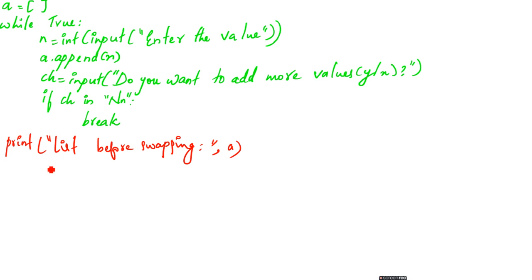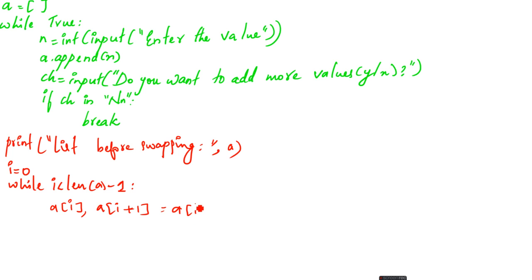Now after that we can swap the elements of the list. We can write I equal to 0, while I less than length of A minus 1. Then we have to write the statement to swap: A of I, comma, A of I plus 1 equal to A of I plus 1, comma, A of I. Now here we have to increment the value of I equal to I plus 2.